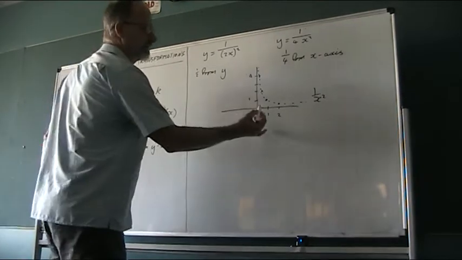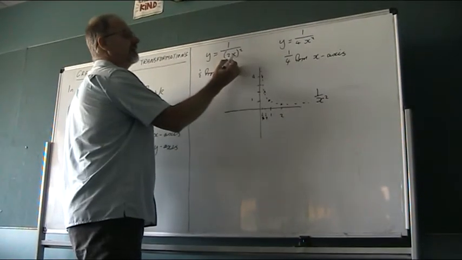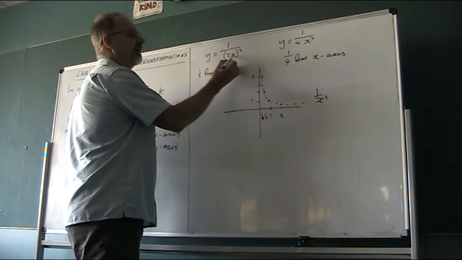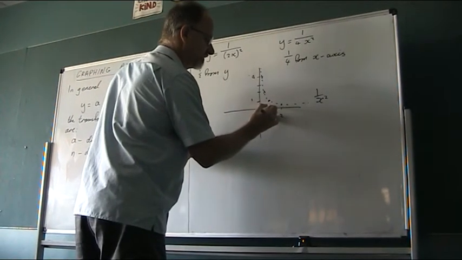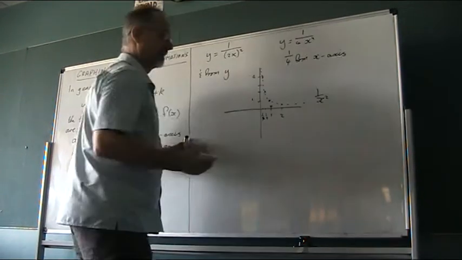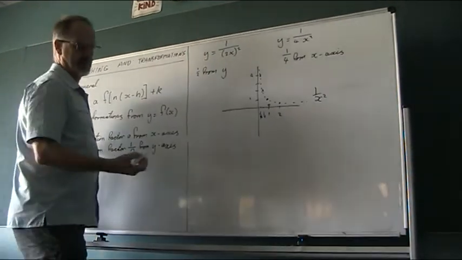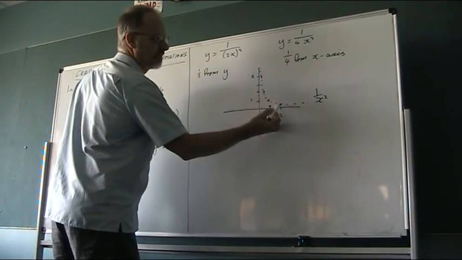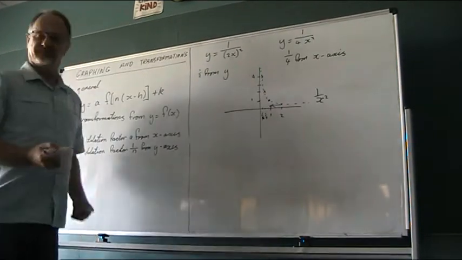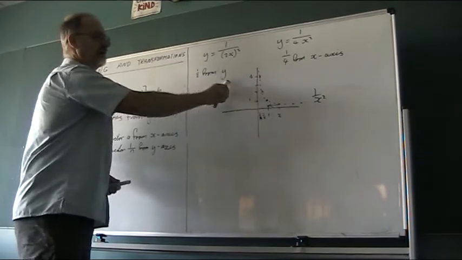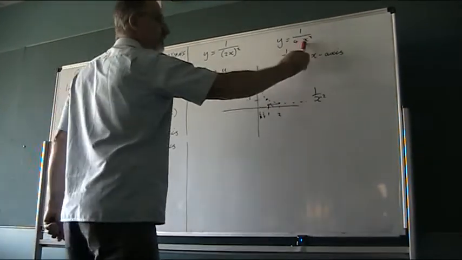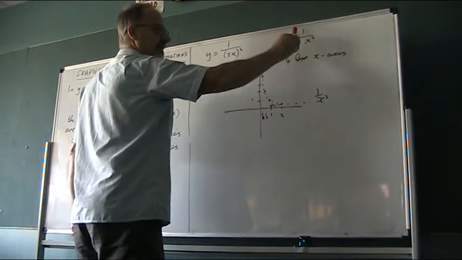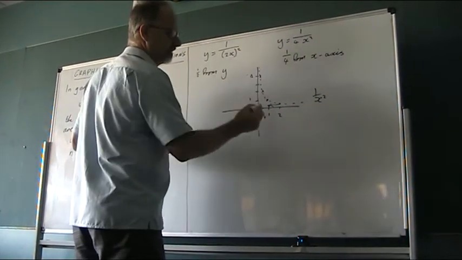if we put x equals 1 in here, 2 times 1 is 2, 2 squared is 4, so it's 1/4, which is down here. Alright, so it's like we've moved that point to there. 1/2 from the y-axis. Here, we square the 1 first, 1 squared, and then 1/4.